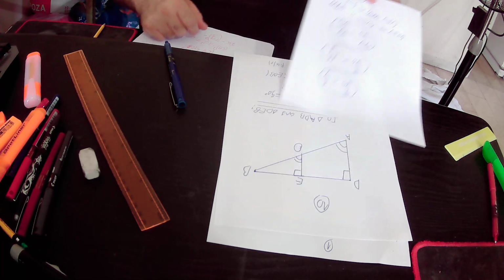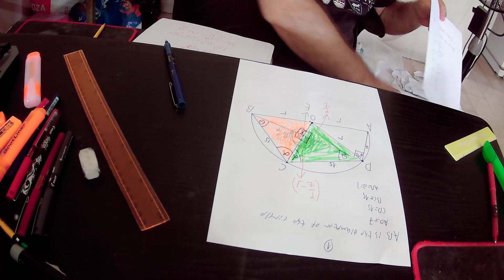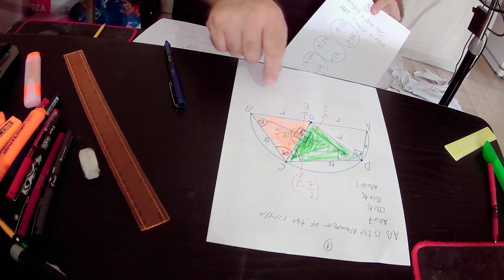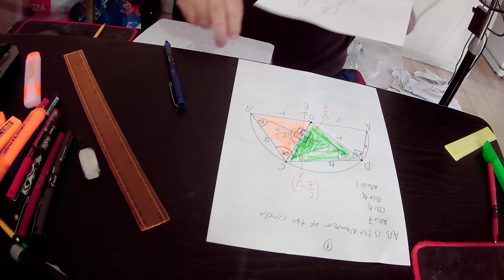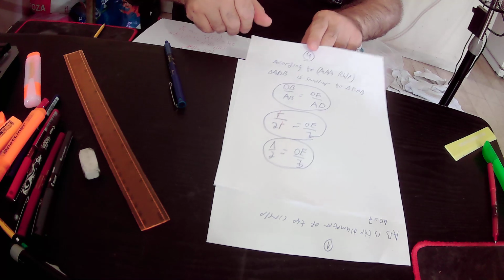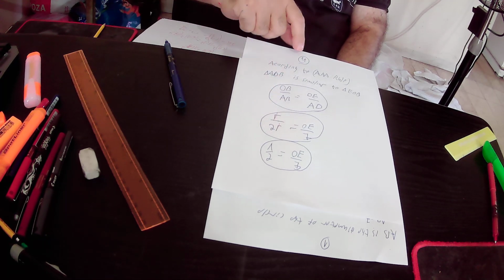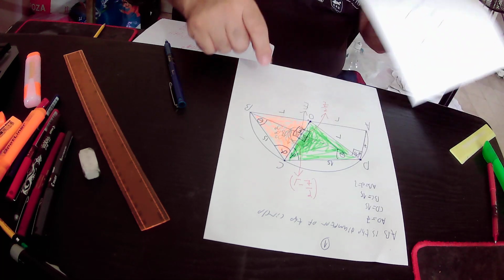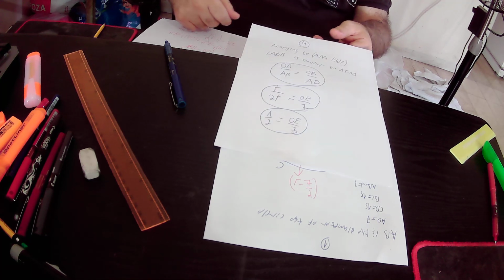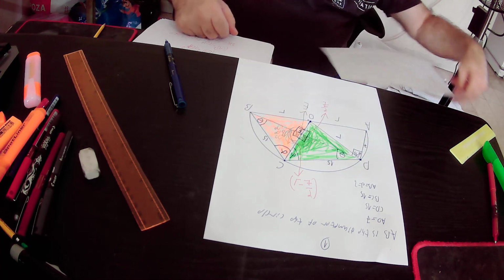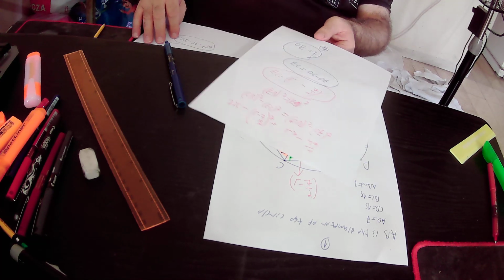But we know that OB is the radius of the circle, and AB equals 2 times the radius because it is the diameter of the circle. So OB equals R and AB equals 2R, and we also know that AD equals 7 units. So from this equality we found that OE equals 7 over 2.